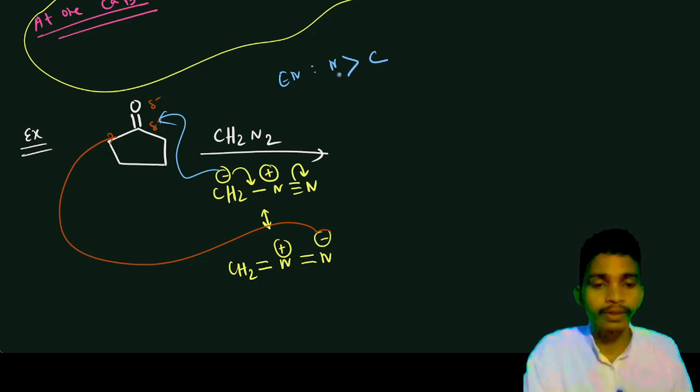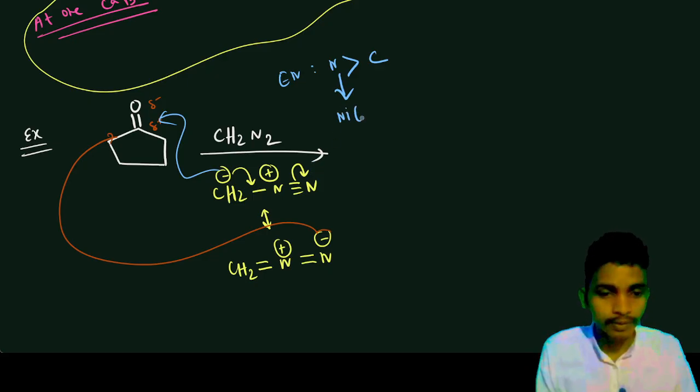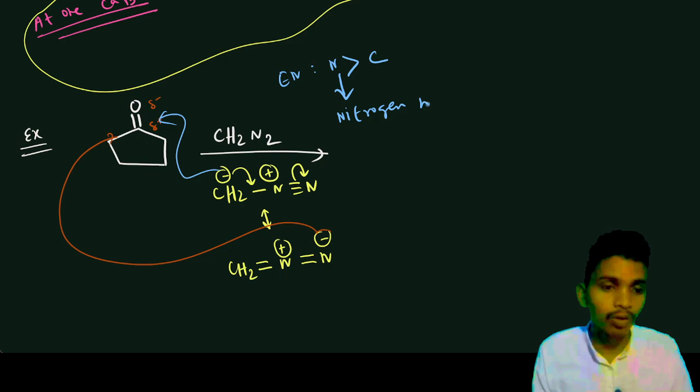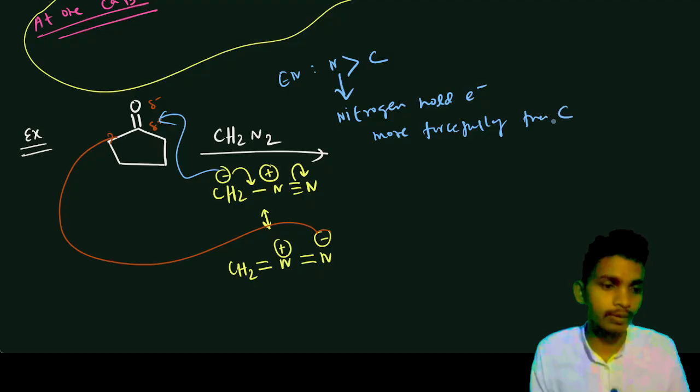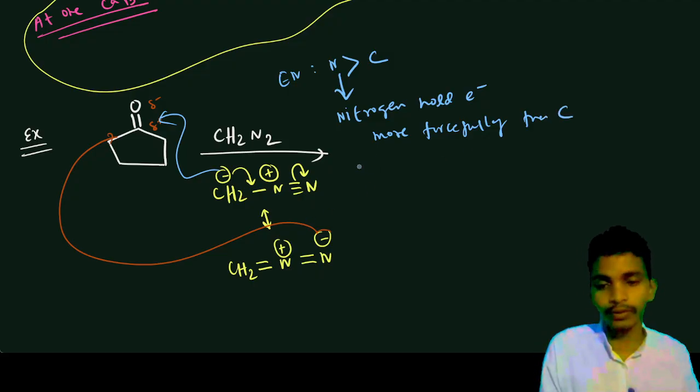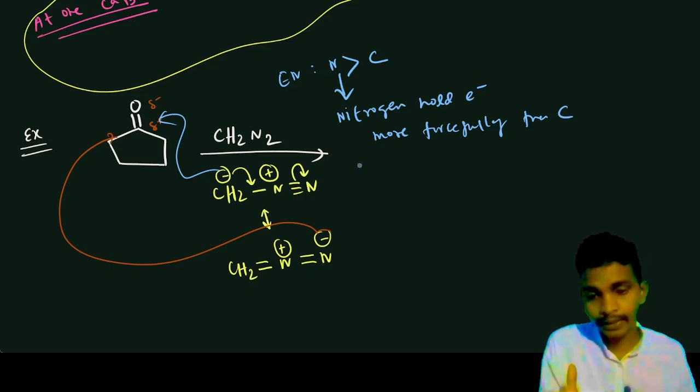So if nitrogen is more electronegative than carbon, it means that nitrogen holds electrons more forcefully than carbon, because nitrogen is more electronegative, it needs electrons.